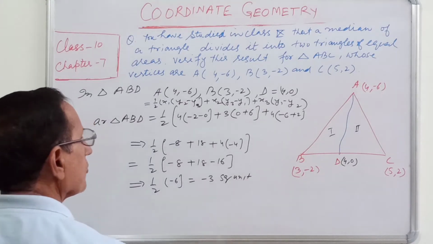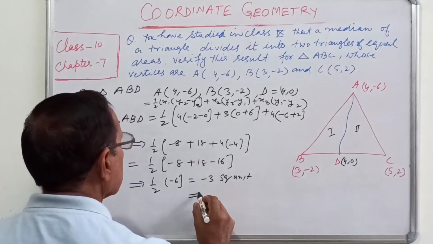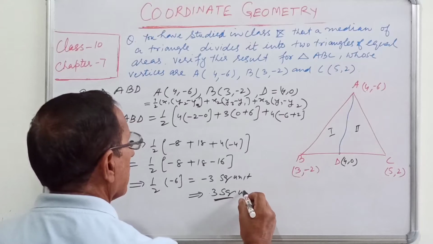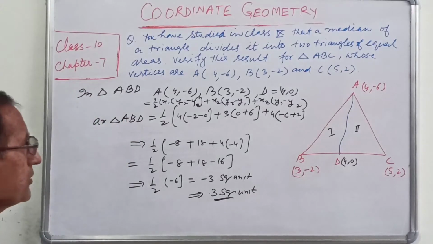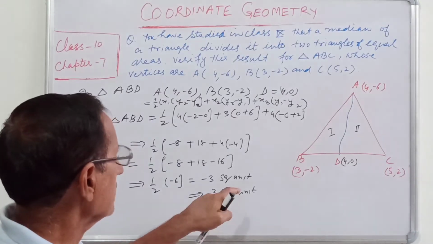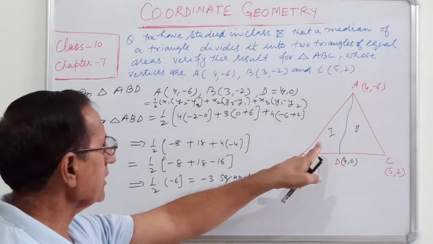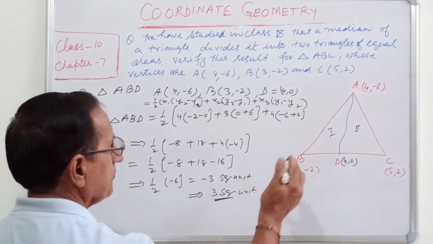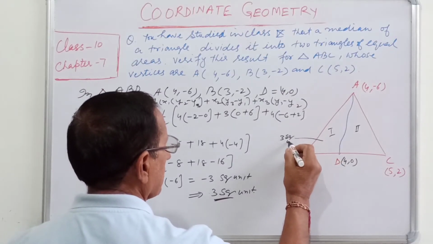But the area cannot be negative, so numerically it will be 3 square units. The area is a positive quantity, so the area of this triangle numerically will be 3 square units.